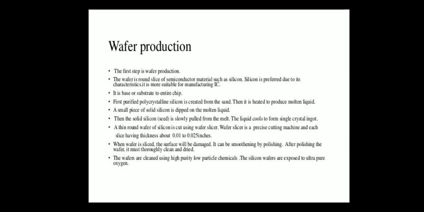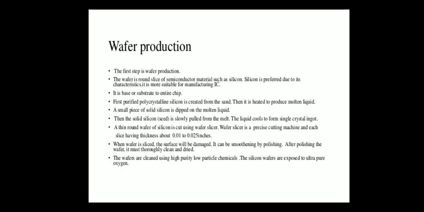First, a highly purified polycrystalline silicon material is used for producing single crystal silicon ingots. The second step is the material is then heated to a temperature of about 1420 degrees Celsius, which is in excess of the silicon melting point.